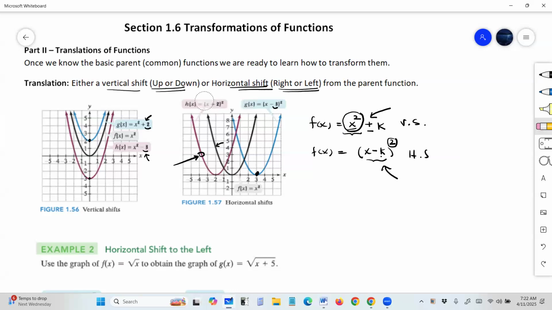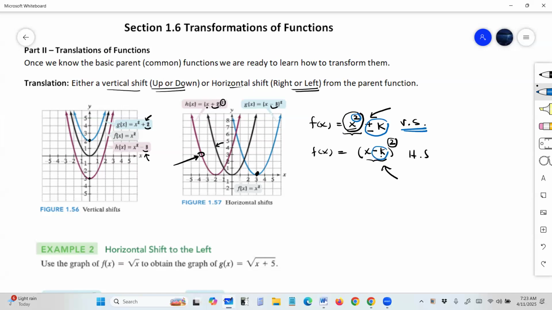Just memorize it: if the value of k is inside the function, next to the x, and it is positive, it's a shift to the left. If it is negative, it is a shift to the right. And notice the distinction: when k is not affected by the function, it's a vertical shift.